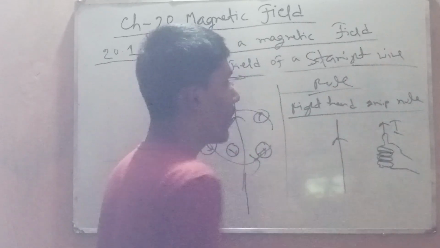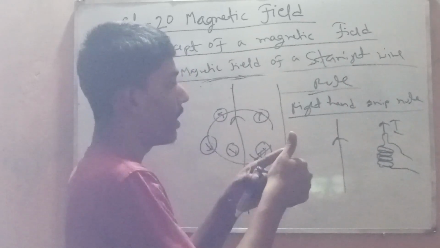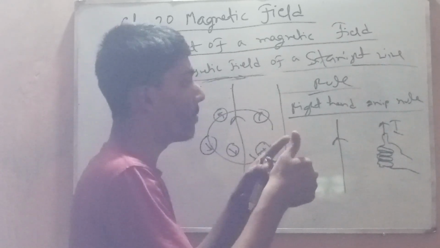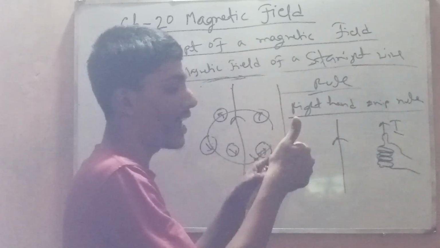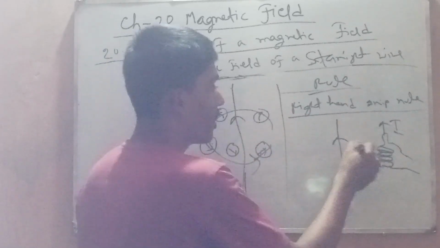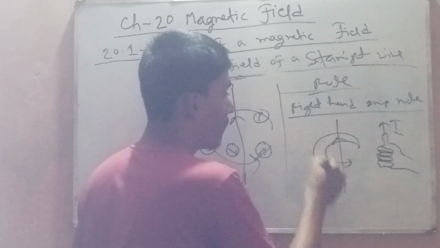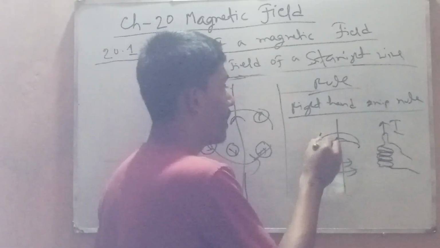Here the thumb will point in the direction of the flowing current, and the curved fingers will show the direction of the magnetic field. So the magnetic field direction will be like this.